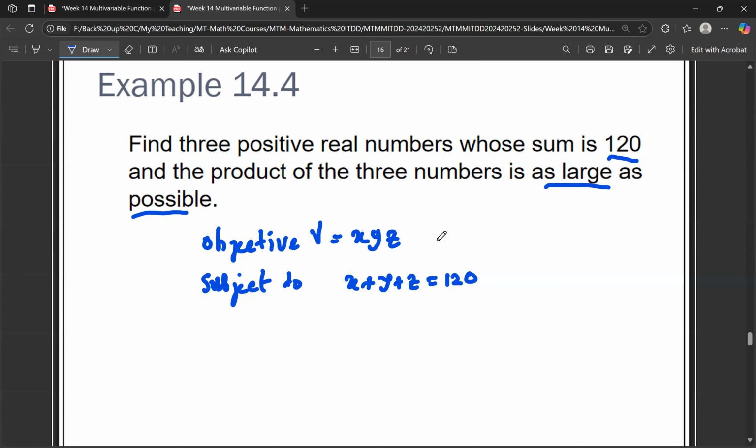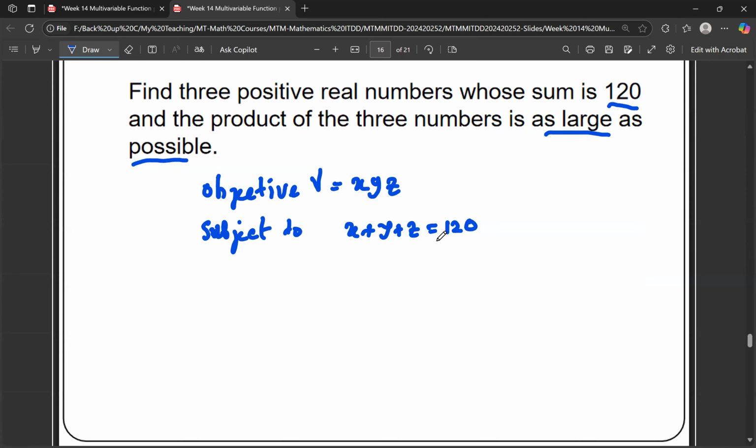So we want to use the Lagrange function. First, we must move 120 from the right to the left. So we have x plus y plus z minus 120 equal to 0.